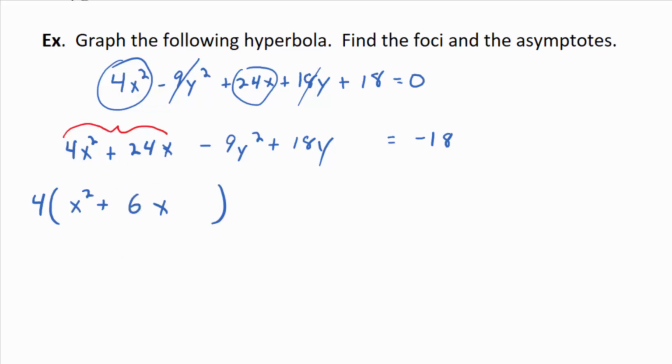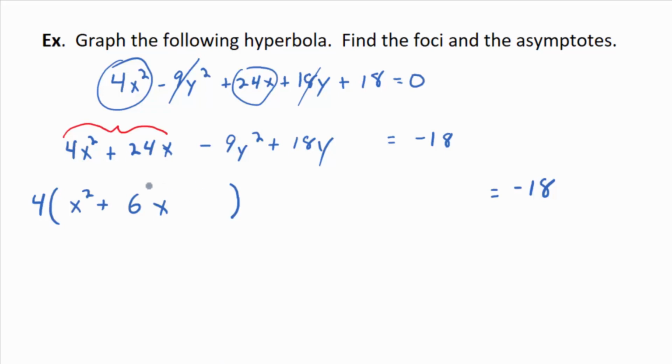So I'm going to rewrite it as 4 on the outside, times the quantity, x squared plus 6x. Leave some space to complete the square. And then if you want, you can just focus on the x terms, and we'll come back and focus on the powers of y. So how do we complete the square then?